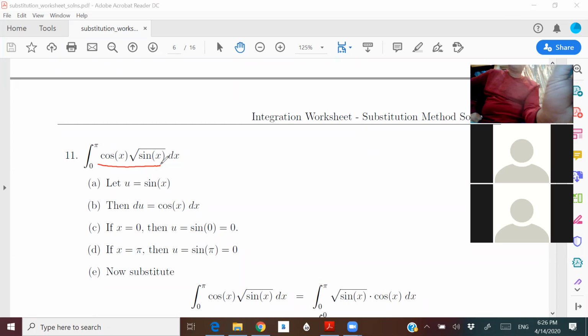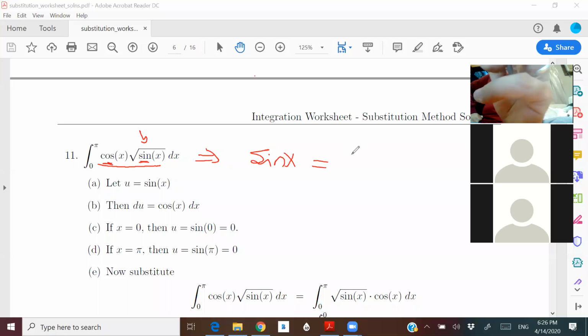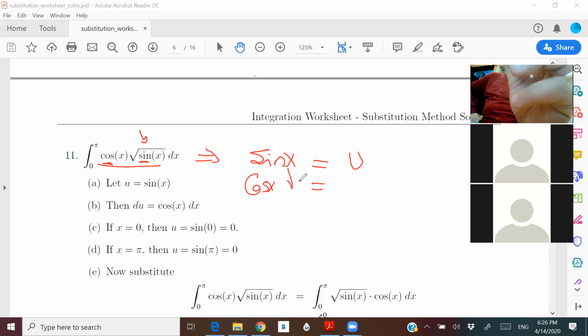Okay, which one do I have to replace? Sine or cosine? Sure, the one that has the power. So please replace sine x by u. If you use the derivative, du becomes cosine x dx.